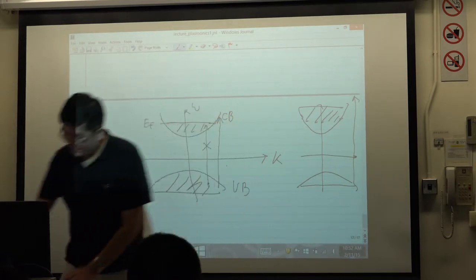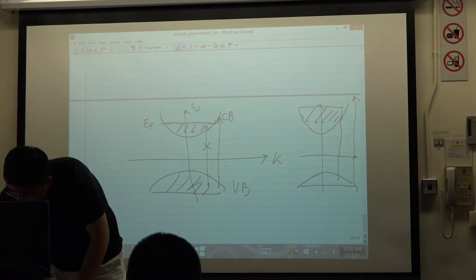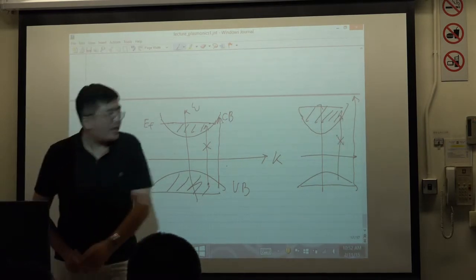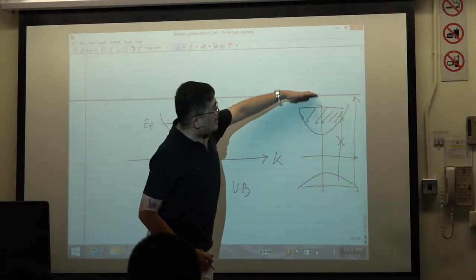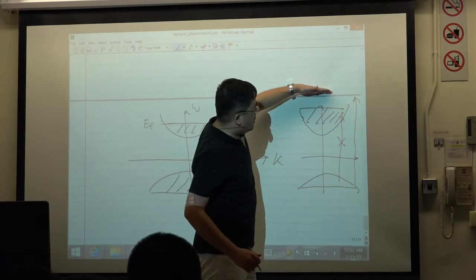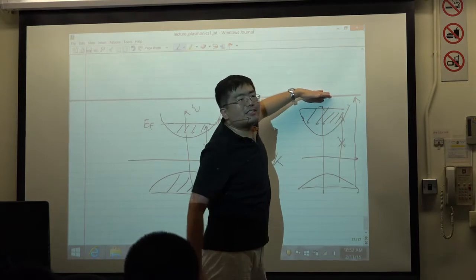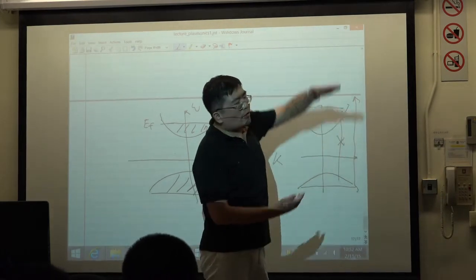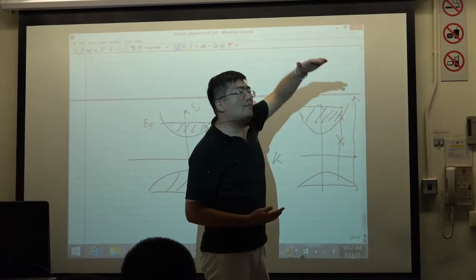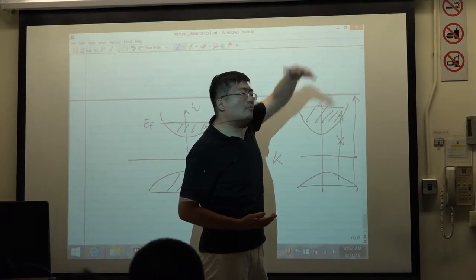This is forbidden, this is forbidden. So when I increase the Fermi level, you must have a very high energy to have an interband transition, right? So increasing the Fermi level increases the band for the plasmonic effect.